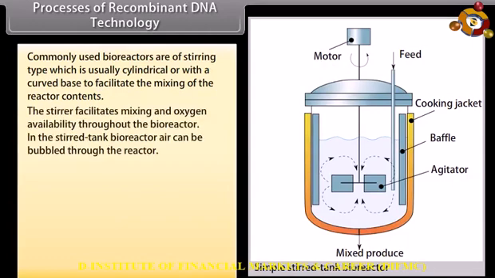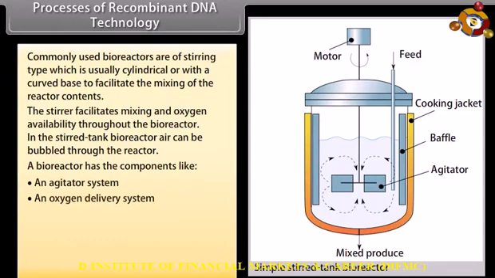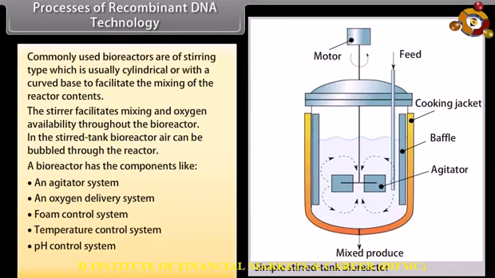The stirrer facilitates mixing and oxygen availability throughout the bioreactor. In the stirred tank bioreactor, air can be bubbled through the reactor. A bioreactor has components like an agitator system, an oxygen delivery system, a foam control system, a temperature control system, a pH control system, and sampling ports.